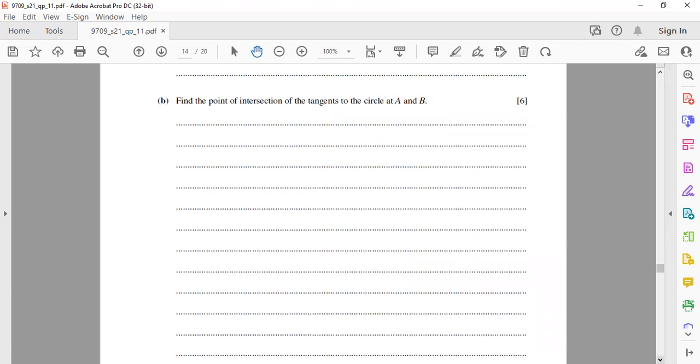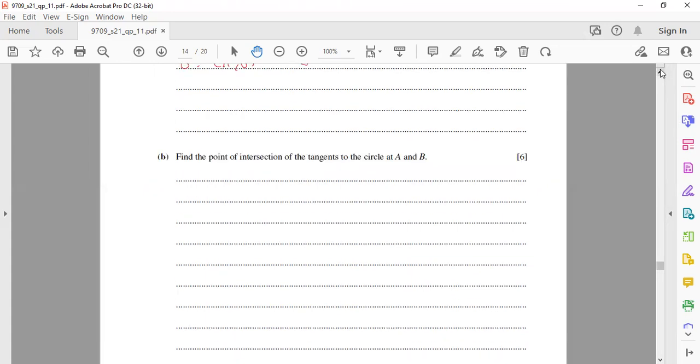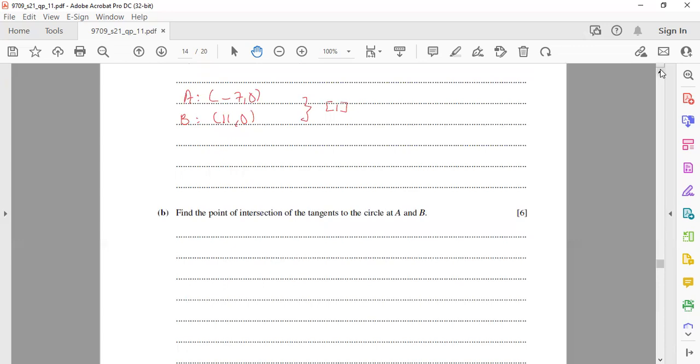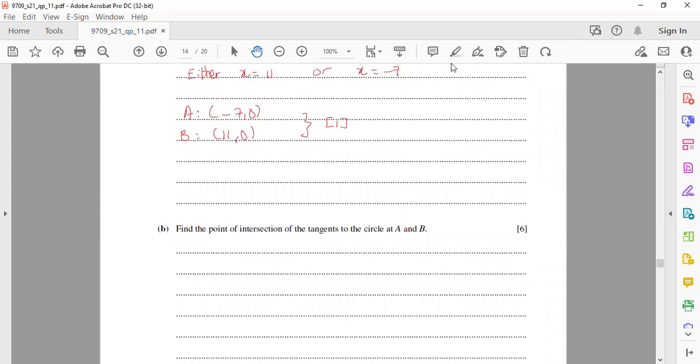Okay. Part B, it says to find the point of intersection of tangents to the circle at A and B. So for this one, let's draw a diagram. Okay, so I will draw the diagram here because I have space here. So you have a circle.